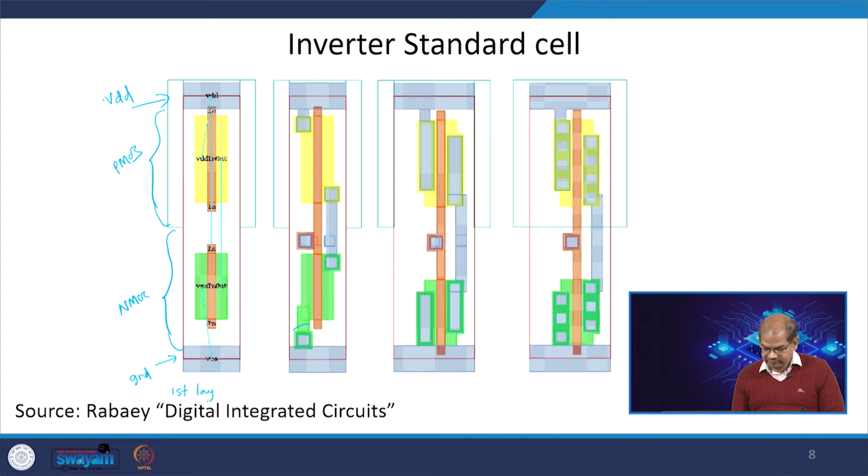This is the first layout, this is the second, the third, and the fourth. In the first layout, VDD and ground are drawn and the NMOS and PMOS are placed.